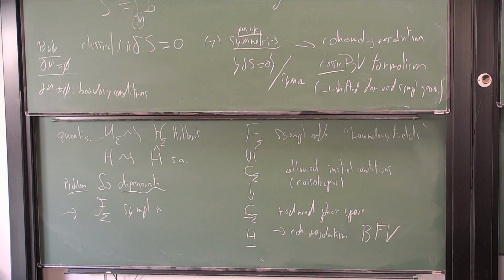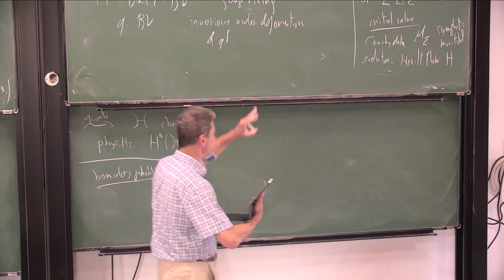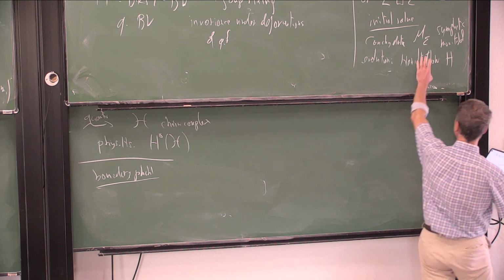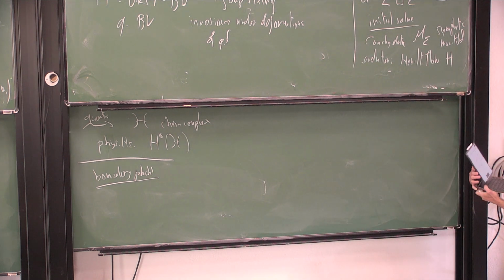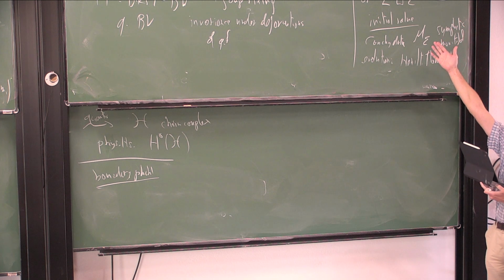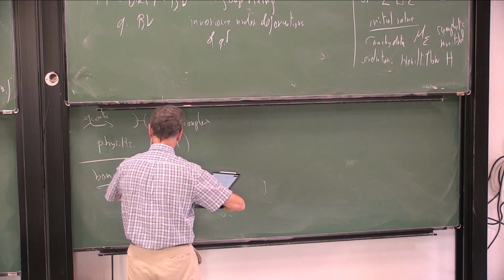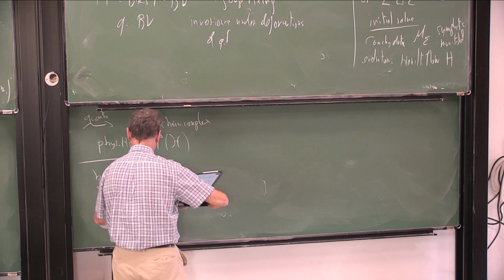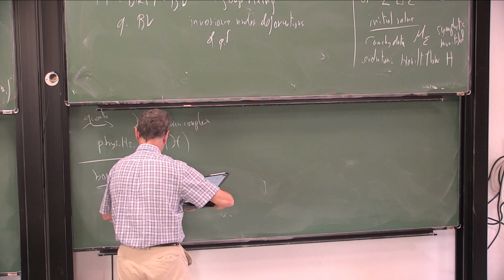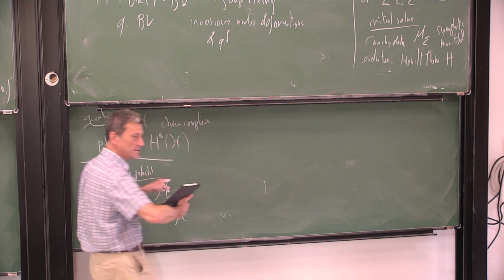And what about the boundary problem? For the boundary problem, well, what you know from mechanics, and we'll explain why it works in general, is that suppose you are in this nice non-degenerate situation where you have some symplectic manifold, the phase space, associated to a boundary component. Then the boundary conditions are the choice of a Lagrangian submanifold in this symplectic manifold.